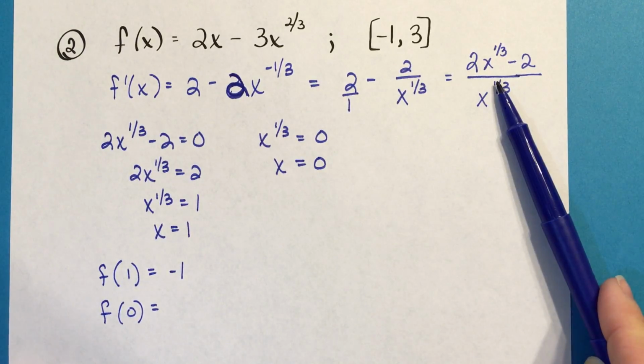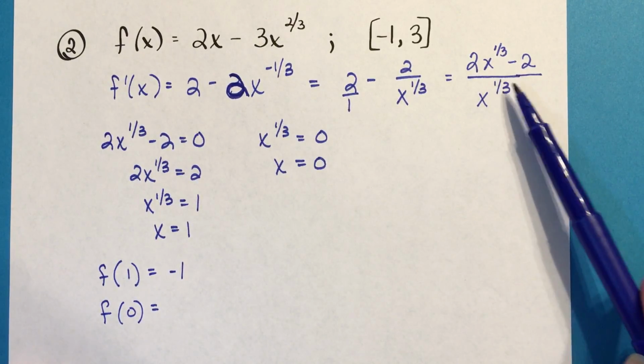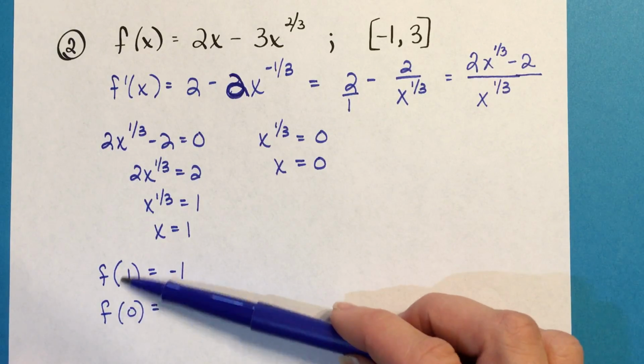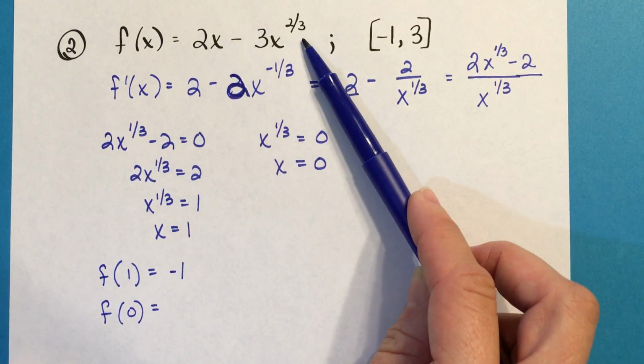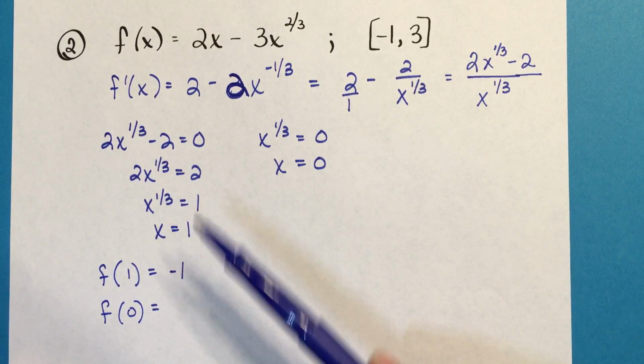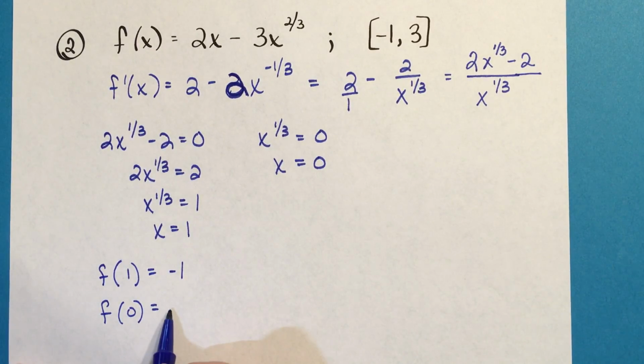I said plug it back into the derivative, but you're supposed to plug it back into the function. I didn't write it down, so maybe you won't have to erase anything. These are supposed to go back into your function. So if you substitute a 1 into your function, you're going to get -1. If you substitute 0 into your function, then you're going to get 0.